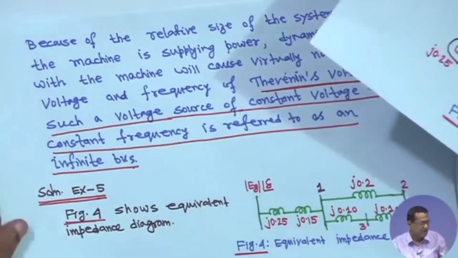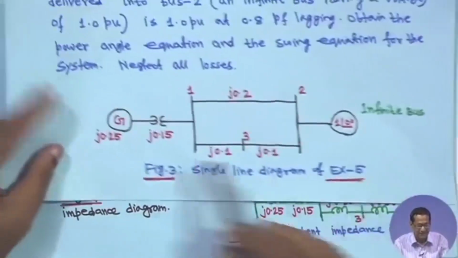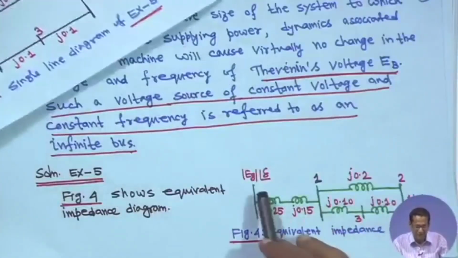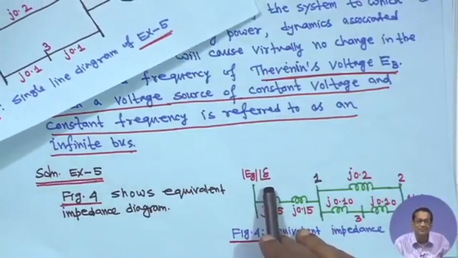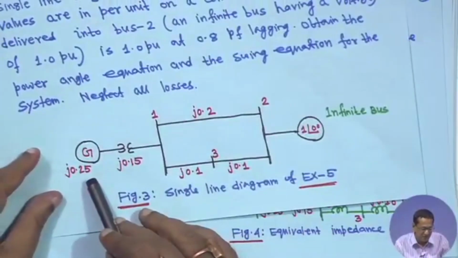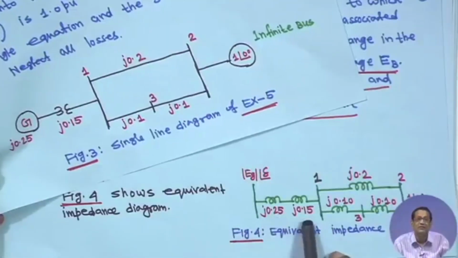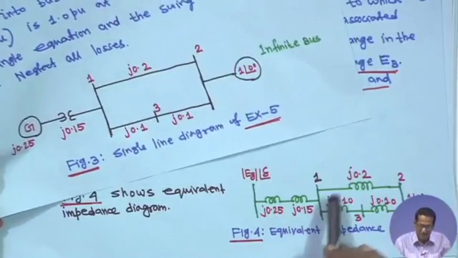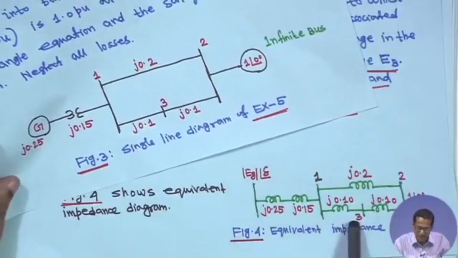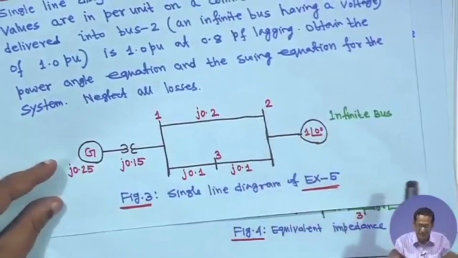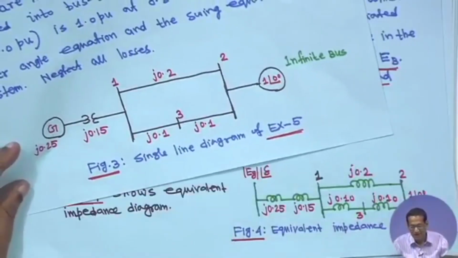So, if you make the equivalent circuit diagram, the generator voltage we can write as magnitude E g angle delta, and this is J 0.25 and J 0.15. The line 1 to 2 is J 0.2, and here 3 to J 0.2 and J 0.1, and this is the infinite bus voltage, which we are making as 1 angle 0.